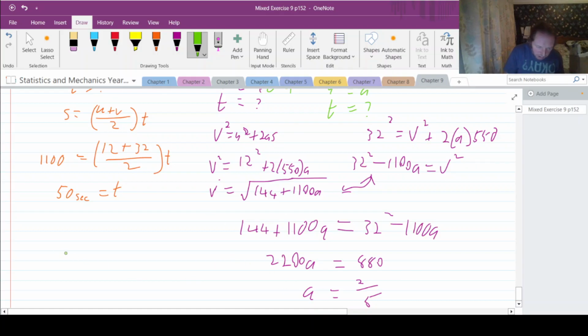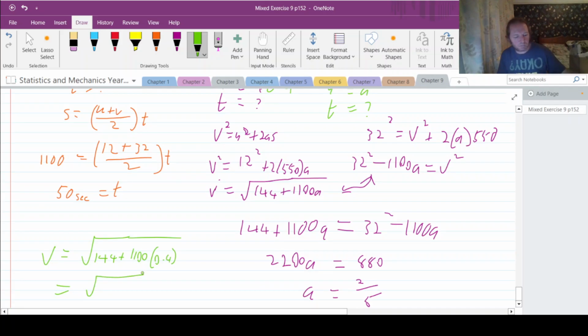So v is equal to the square root of 144 plus 1100 times 0.4, which will give us the square root of 1100 times 0.4 is 2750 plus 144. That gives us 2894. The square root of that answer is 53.